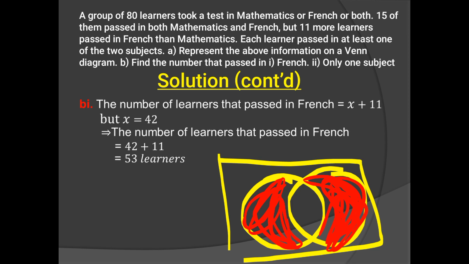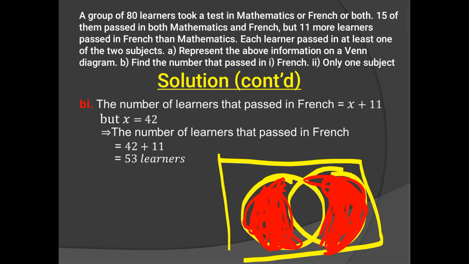So on the Venn diagram, those who like only maths was what? x minus 15. And those who like only French, x minus 4. I guess I didn't miss it. So here, only mathematics was x minus 15, and only French was x minus 4.